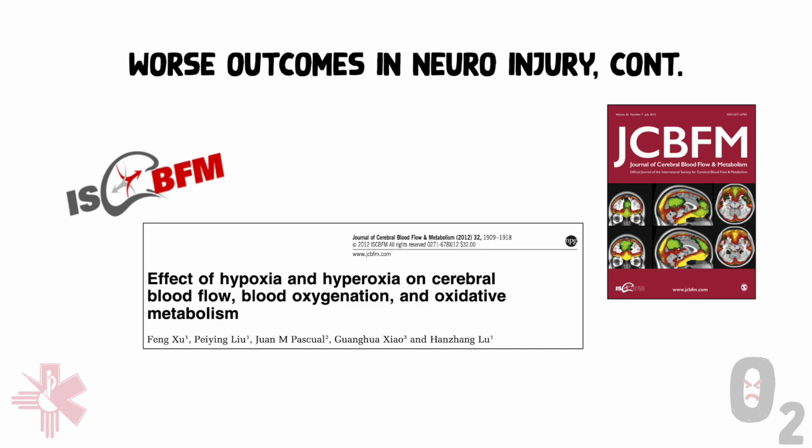They found that in hyperoxic states, the metabolism is decreased, and in hypoxic states, it's increased. So same trend we sometimes see with measures of cerebral blood flow. In a hypoxic state, we increase it, and when we give supplemental oxygen, we actually see a decrease in cerebral blood flow.